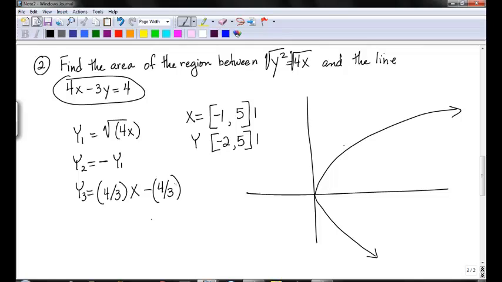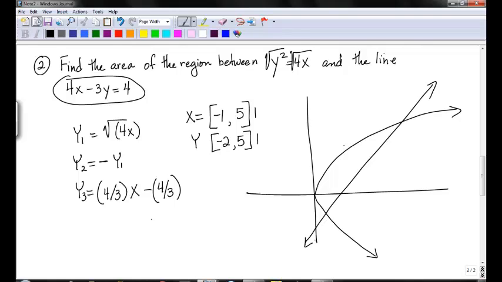Okay, so graph in y sub 3, parentheses 4 divided by 3, x minus 4 divided by 3. And I would put those fractions in parentheses. I would not use the 1.3333. Put it in as a fraction. Okay, and then graph it. Okay, and notice it comes through something like this.